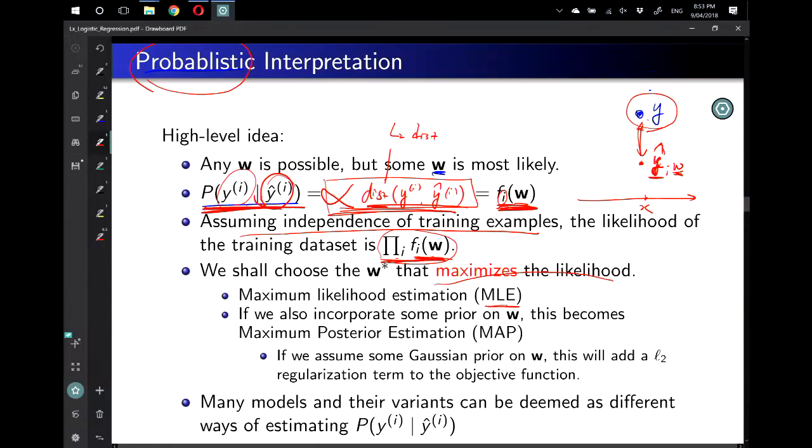I won't go through the details, but basically you take the derivative, set it equal to 0, and you can find the result. Or, as I said, we can incorporate some kind of prior. We won't talk about this too much, but once we learn the Bayes perspective, you will understand that we can say I prefer my W to be close to 0 or whatever, so that's my prior.